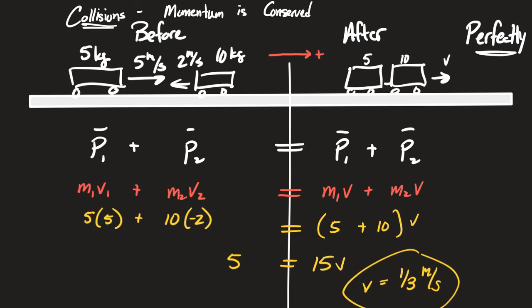They join together and are moving to the right at 1/3 meter per second. Any question about this? Yep. So if it was V equals -1, that means it's moving to the left. Yep. And that's what you guys will have to be able to do. Not only tell me how fast it's going after the collision, but in what direction, which means interpreting that positive or negative answer.